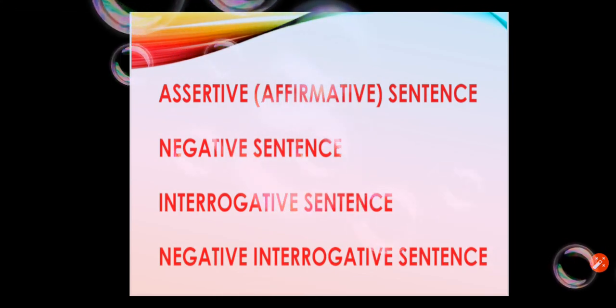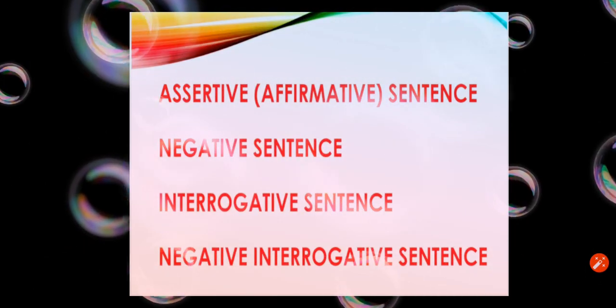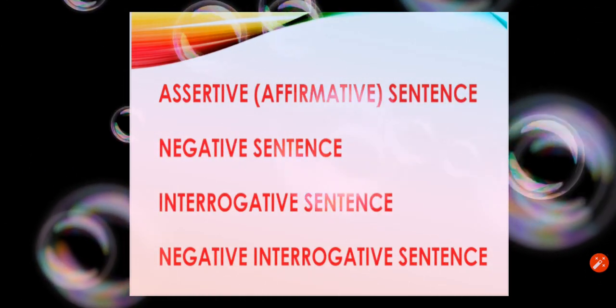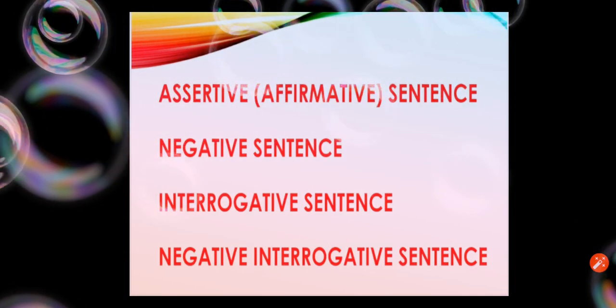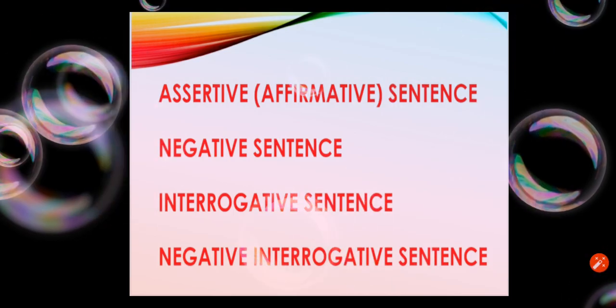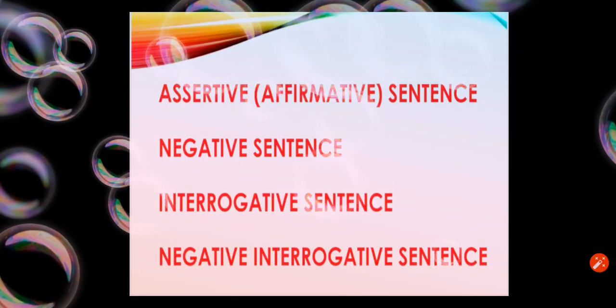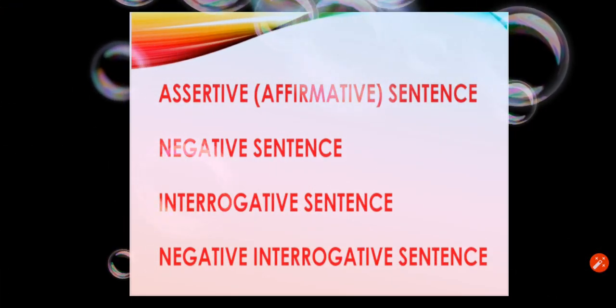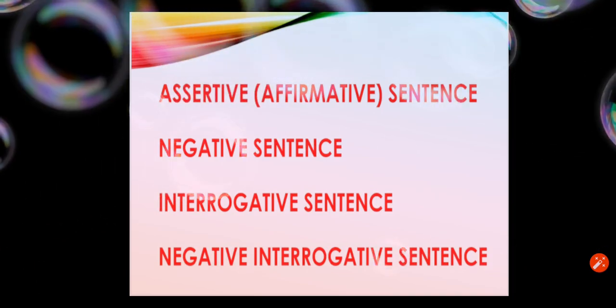Present perfect tense is also divided into four parts. First is the assertive or affirmative sentence. Second is the negative sentence. Third is the interrogative sentence. And fourth is the negative interrogative sentence.